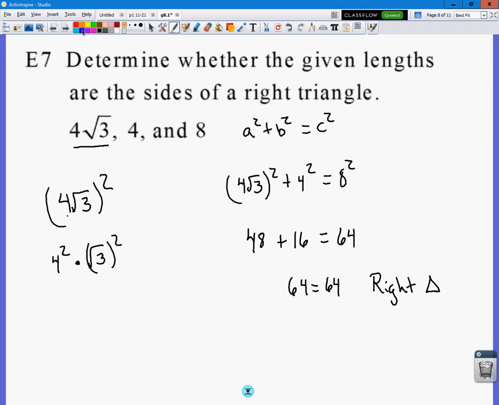What is 4 squared? 16. When you square a square root, they're the opposites of each other. They cancel each other out. So it's just what? 3. And what is 16 times 3? 48.